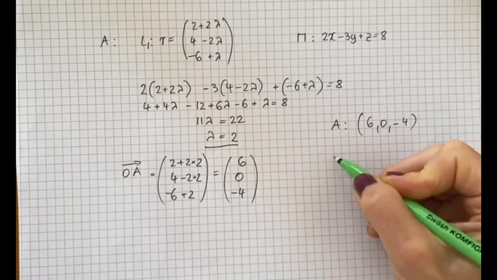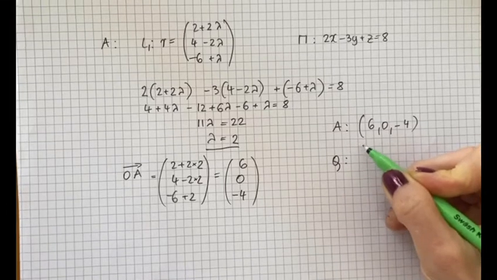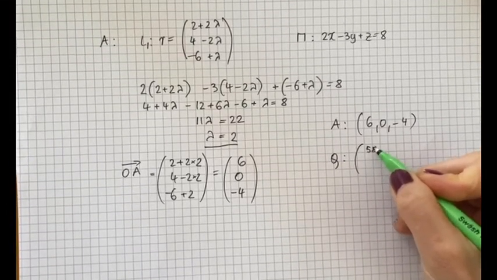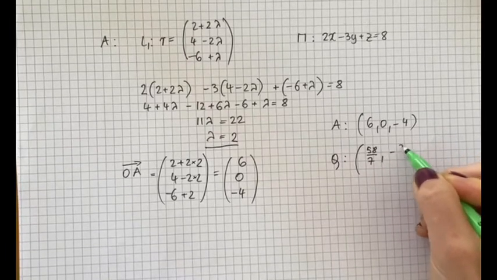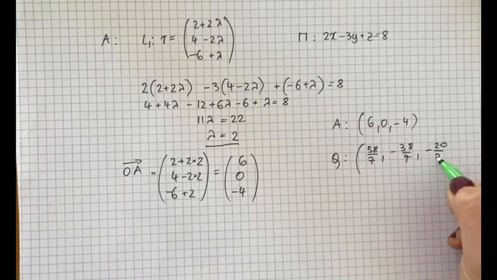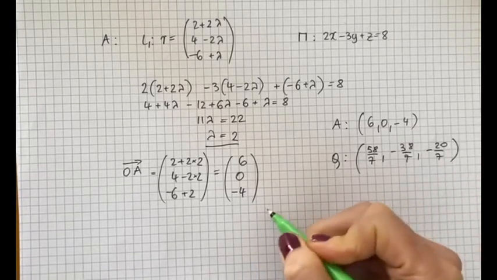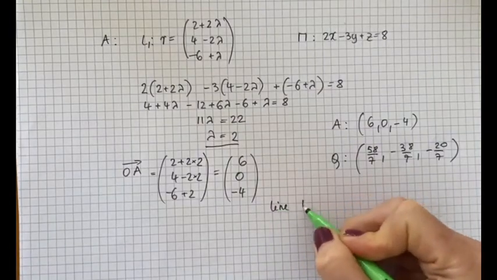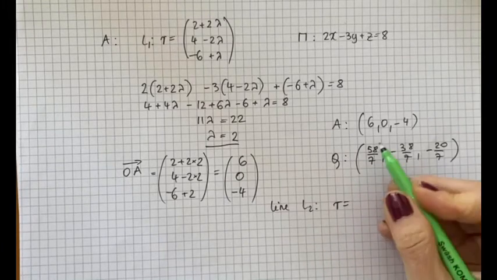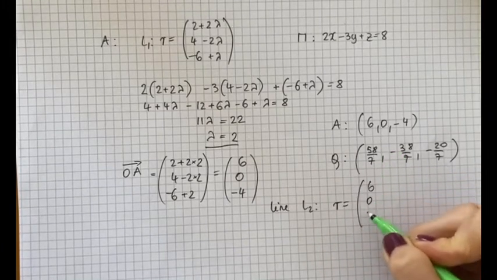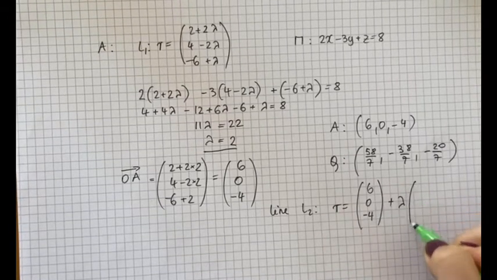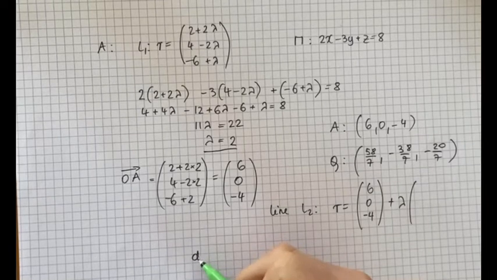We've got point Q from the previous part, which is very awkward, 58 over 7, minus 38 over 7, minus 20 over 7. And we're going to find the line L2, which is through A and Q. So let's use 6, 0, minus 4 as our point, plus lambda. Let's find the direction vector.